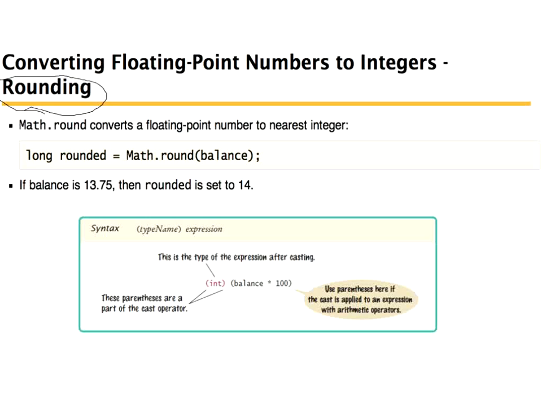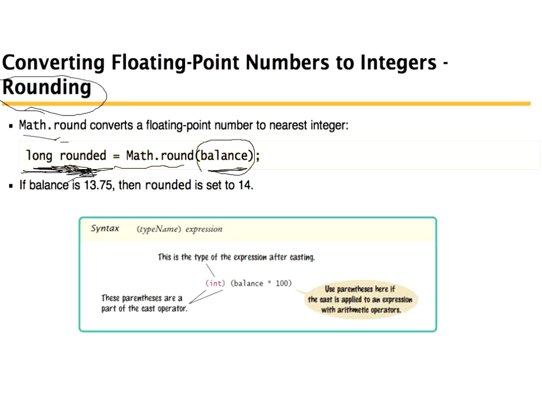For example, you say long round equals math.round with a capital M, and then you state the variable that you want to convert.